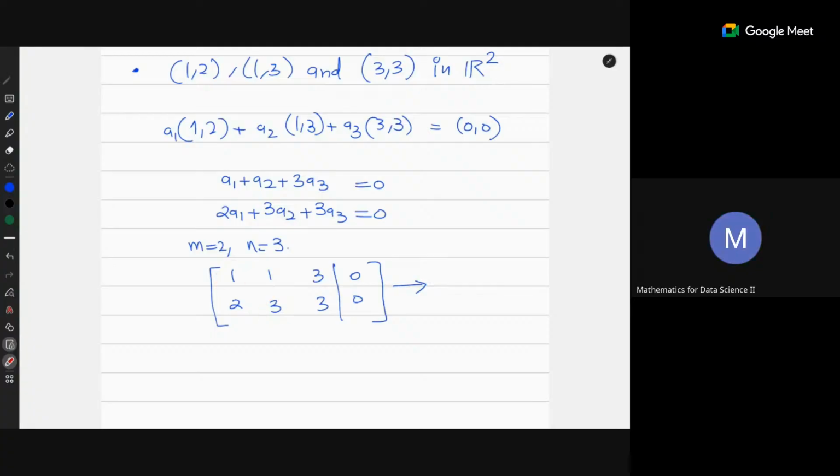It cannot have 3 because there is no third row to have the third leading entry. But how many variables are there? There are 3 variables, right? So there will always be one variable which is independent.